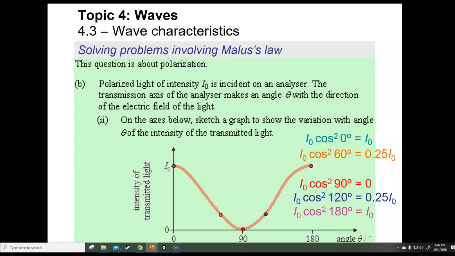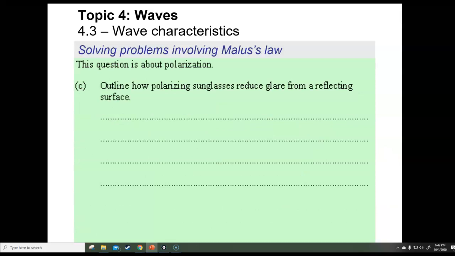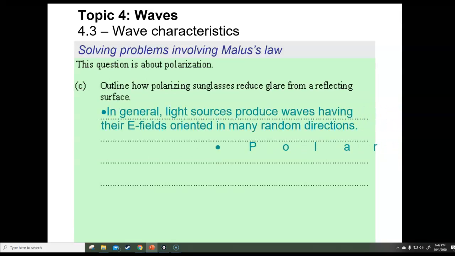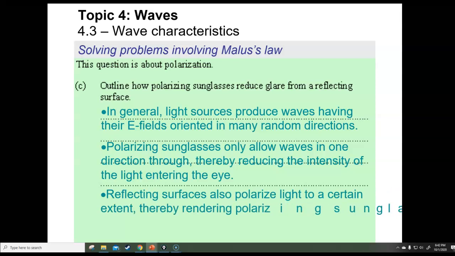Okay, so you do sometimes see problems where you have to sketch that. Okay, and then this last one I'll just kind of show you. Okay, so pause there if you want to look at that answer some more.